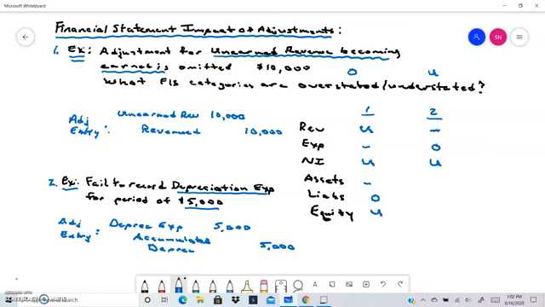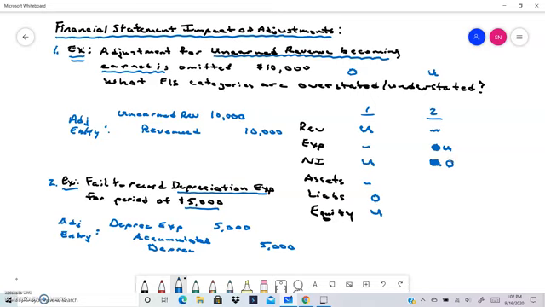If we forgot to record the depreciation expense, then we would not have expenses at the level they should be. Expenses would be understated. So if we forget to record the expenses, our expenses would be too low. Expenses would be understated. And if expenses are understated, net income is overstated.